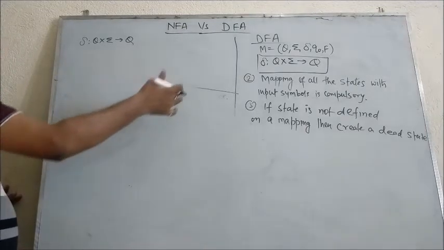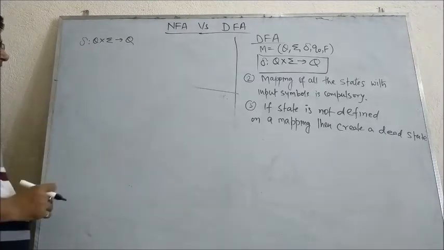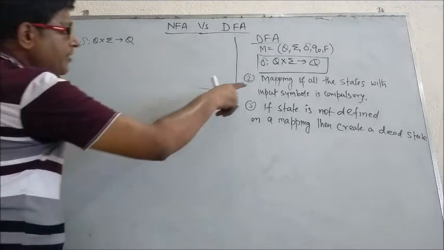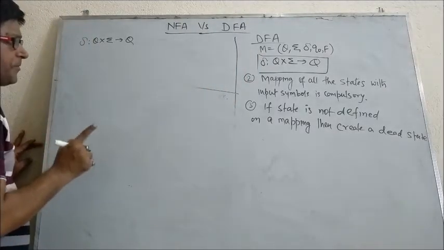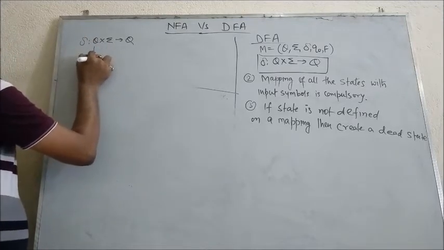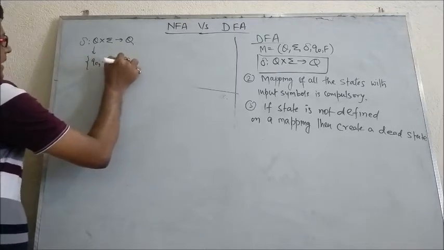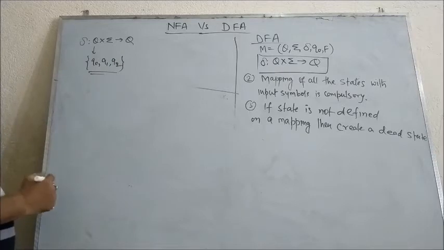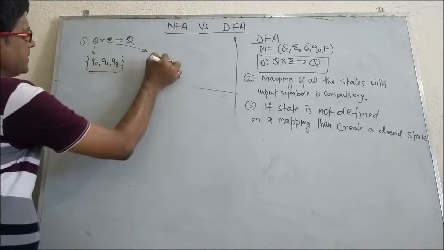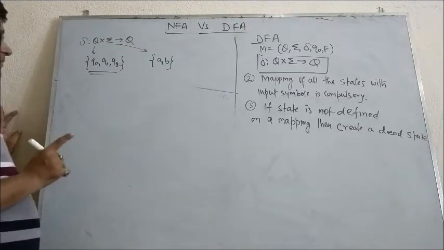The second condition is what? I'm just explaining all these conditions, then I will explain it with the help of a state transition diagram. Next one is: mapping all the states with input symbols is compulsory. For example, say I have Q as Q0, Q1 and Q2, three states, and two input symbols, A and B. So what does it say in DFA?